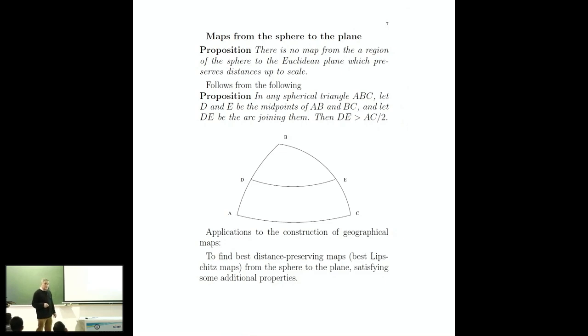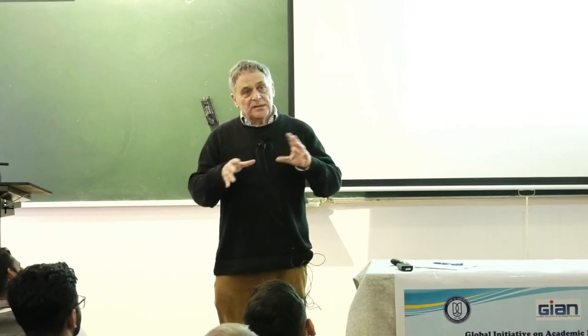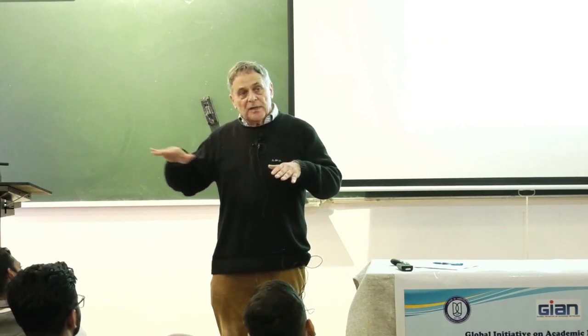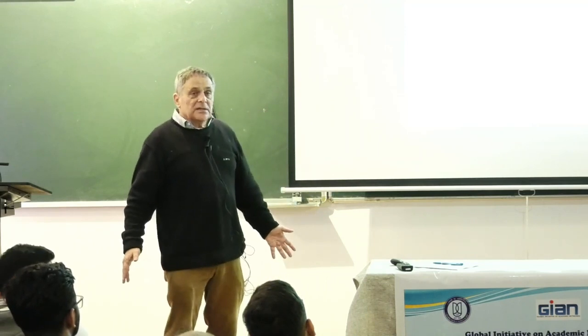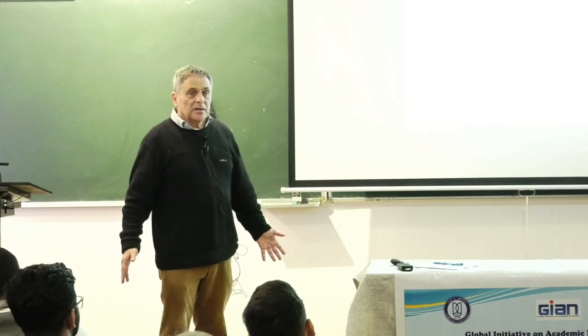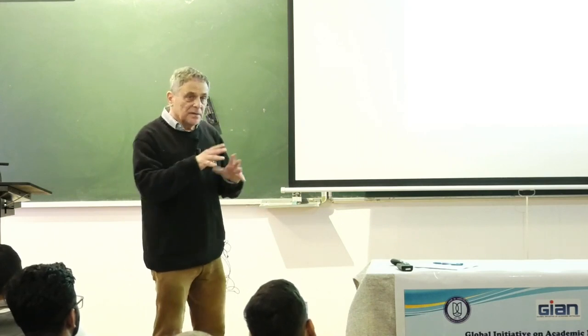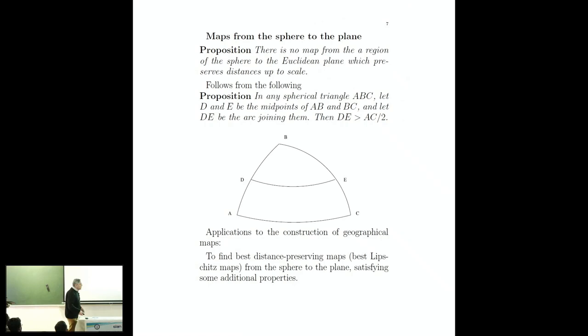This business of finding best geographical maps is the same question as finding best Lipschitz maps between surfaces. So we were talking about best Lipschitz maps between hyperbolic surfaces or between Euclidean surfaces and so on. Now if I mix the geometries, I have a geometry of positive curvature, the sphere, and then a geometry of the plane, the question is how do I find best Lipschitz maps from parts of the sphere to the plane, between triangles, say.